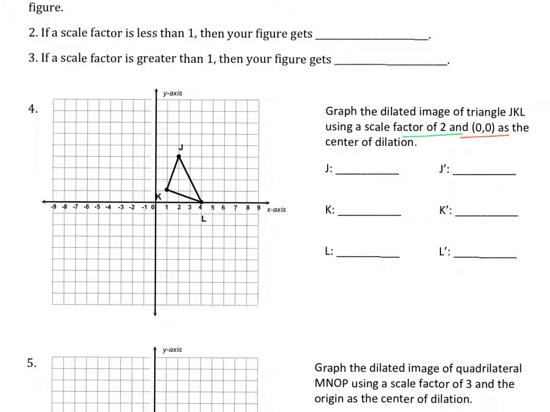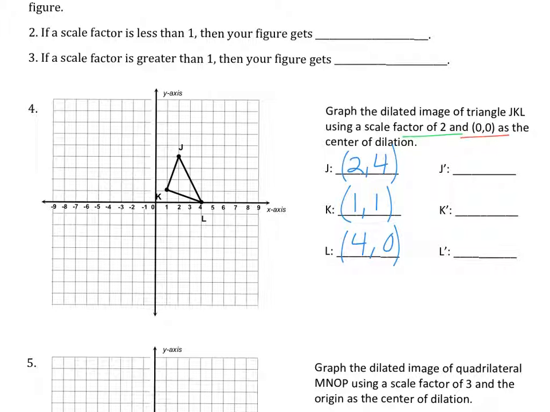So let's find point J first. Point J is at (2, 4). Point K is at (1, 1). And point L is at (4, 0).